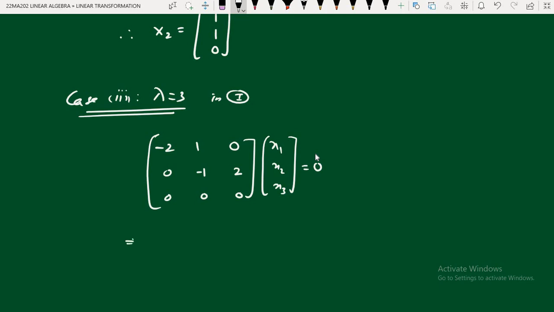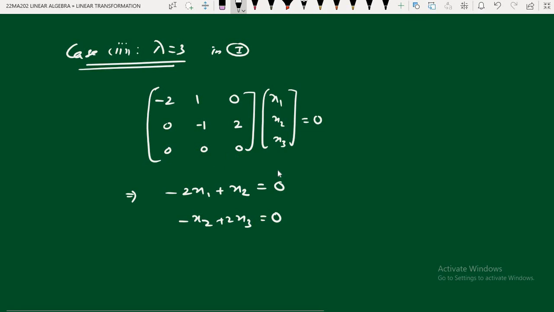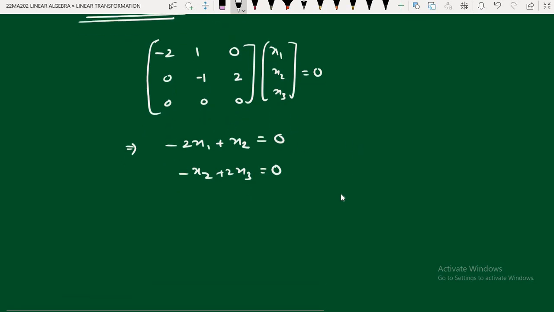Now again create the equations from this. Minus 2x1 plus x2 plus 0 x3 equal to 0. Then 0 x1, minus x2 plus 2x3 equal to 0. And for the last row we cannot create any equation because all the elements are zeros.